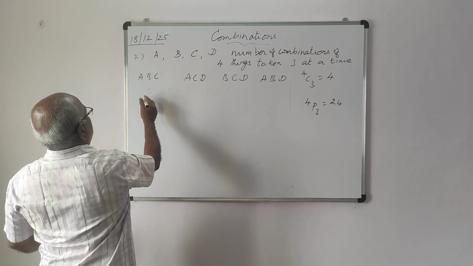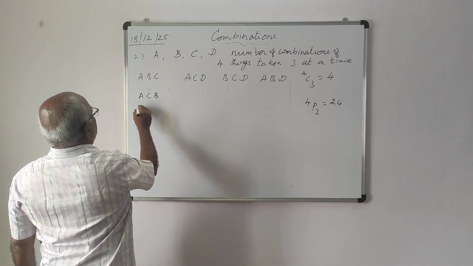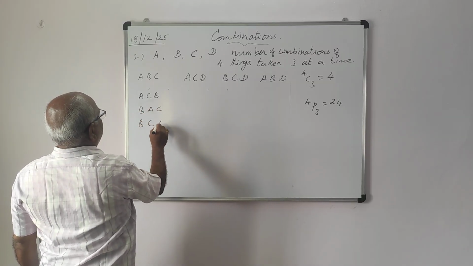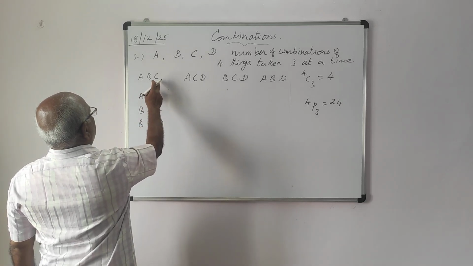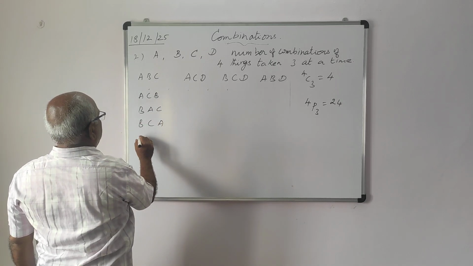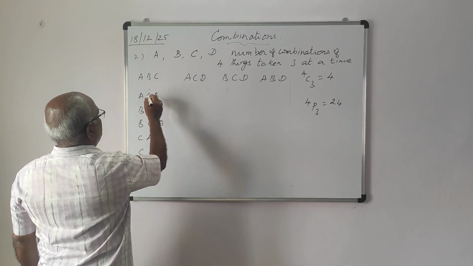This is one arrangement. ACB, BAC, BCA, CAB and CBA. These are the 6 arrangements.